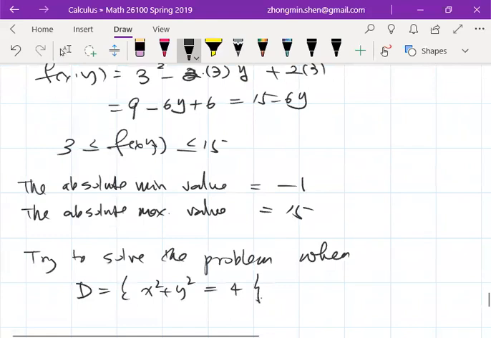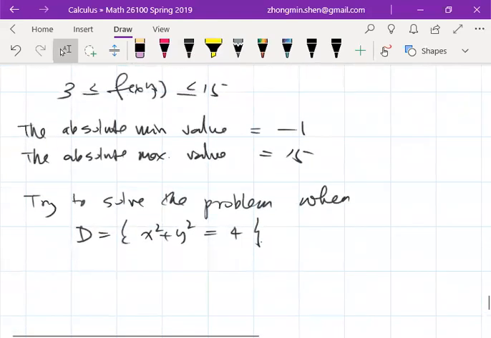Okay, got it. Maybe you can solve the problem because 0, 1 is going to be the critical point inside the circle, but you also have to find the maximum value or minimum value around the circle.